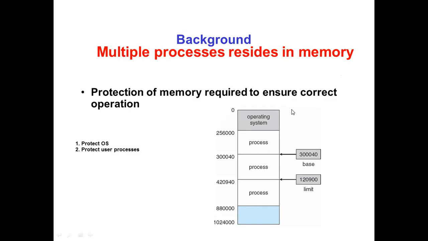Always at the upper layer, the operating system will reside here. Then we have process 1, process 2, process 3, and this is the unused area. We still have some more area where we can store other processes. This is the free space.